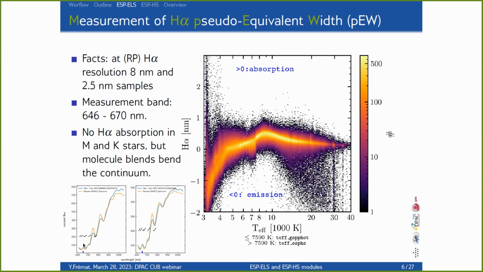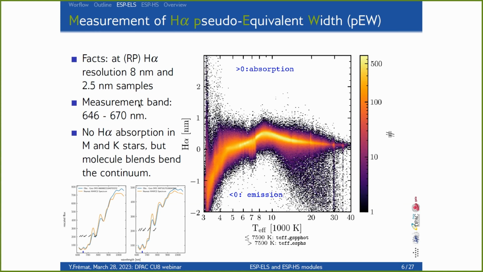What we have here is really the impact on the local pseudo continuum that we do not see, in fact, just due to the overlap of these different TiO molecular bands. And that has a direct impact on the measurement we do of the H-alpha equivalent width.